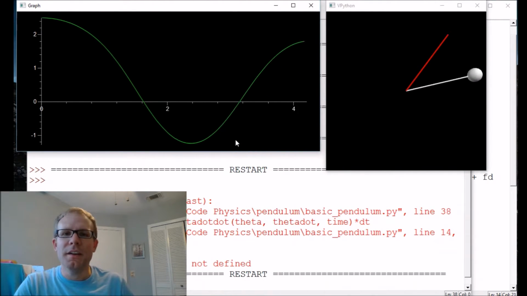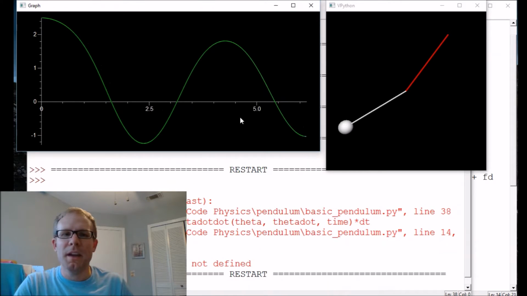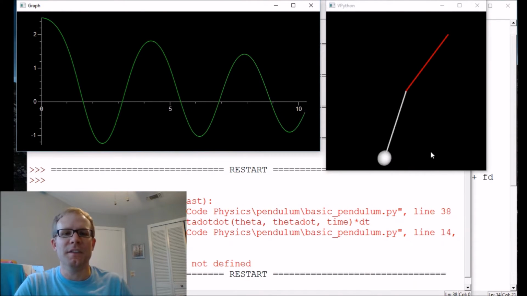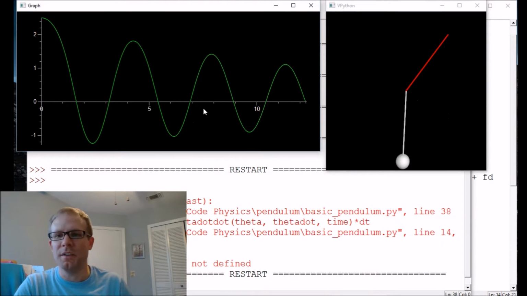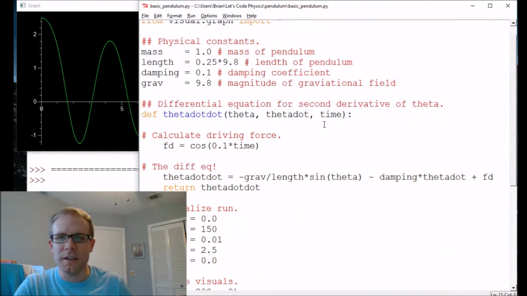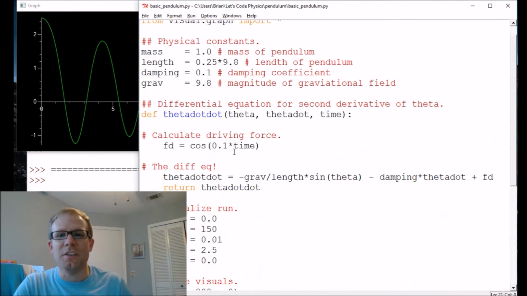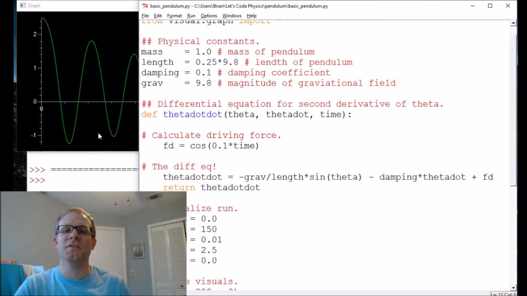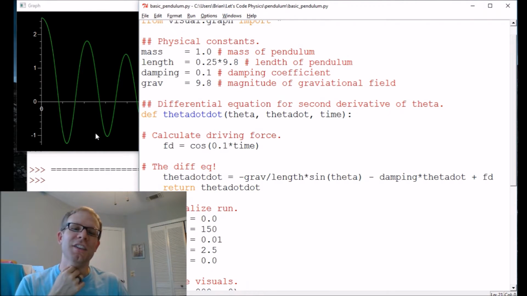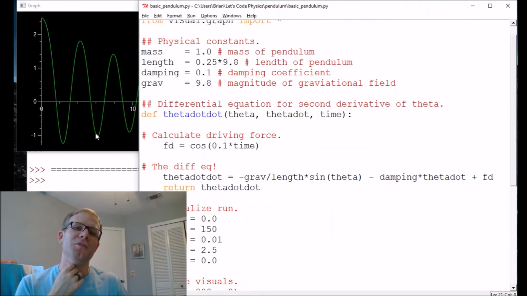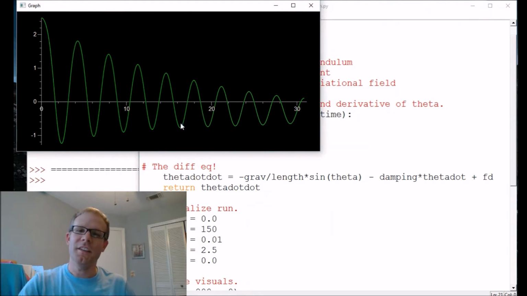And what you end up with here is, again, similar behavior, but eventually that driving force is going to take over the pendulum. So you end up with its period, not the previous period. So this thing's period is, let's see, 0.1 is 2 pi over T, so T should be 2 pi over 0.1.